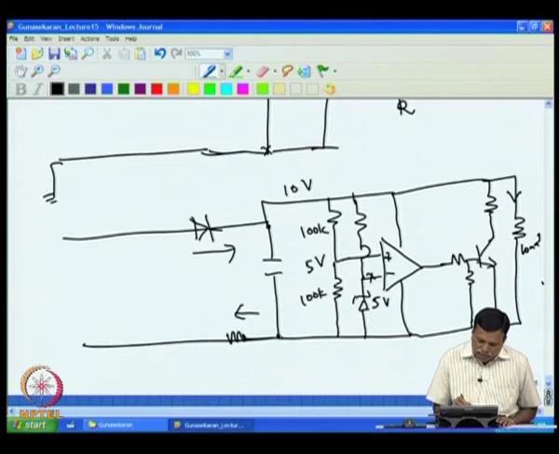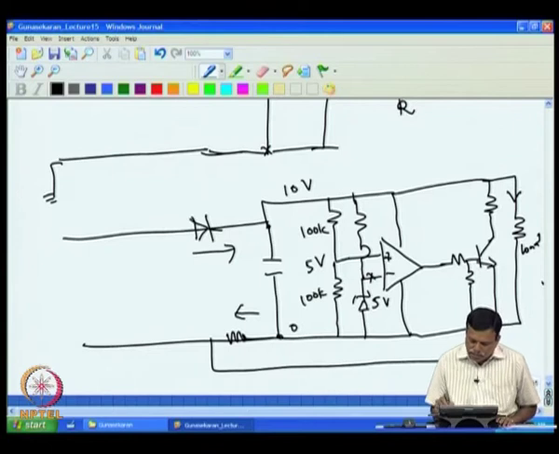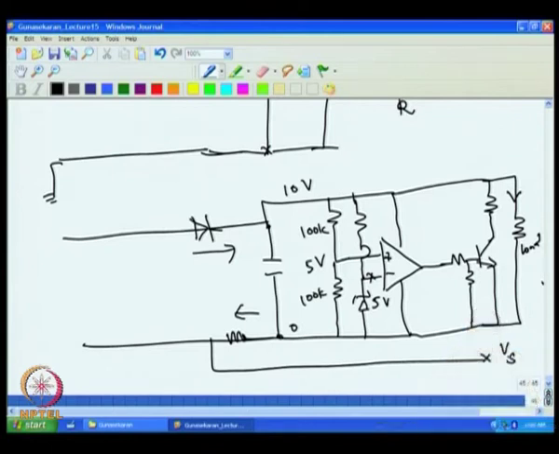Now this is our reference point 0 volt, and the voltage at this point gives you the signal. So that is V signal. This R is known, so this R into I is the V signal. So this is V signal, which is equal to R into I.